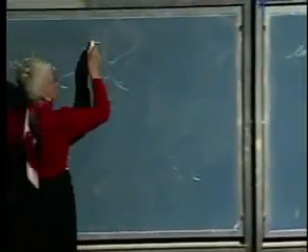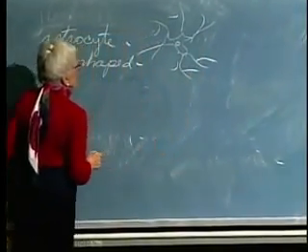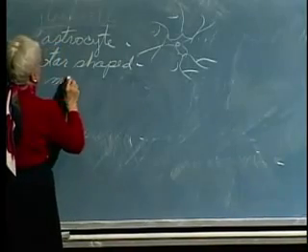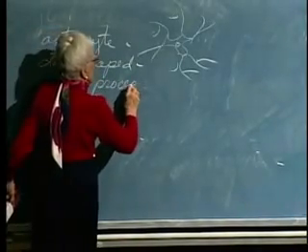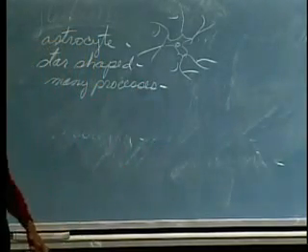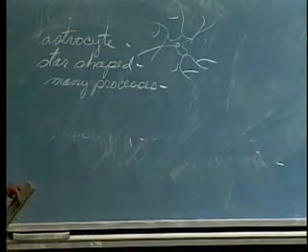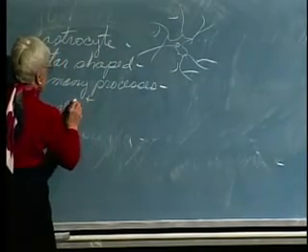But they've got all these processes. This is the cell body. Astrocytes, many processes, and all are alike, different from a nerve cell where you've got dendrites and axons. Many processes and all alike.